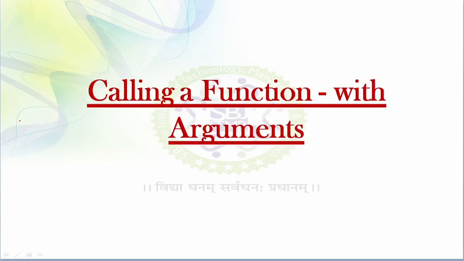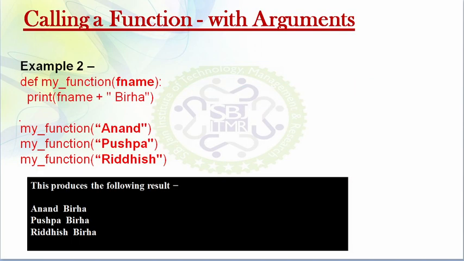Next, we can call the function with an argument. In the previous example we have not taken any type of argument. So suppose I want to pass an argument to my function. Here I have defined one function as my function and I'm passing a parameter as fname.